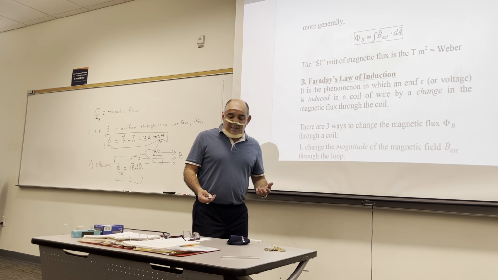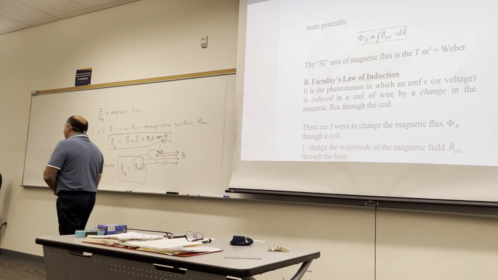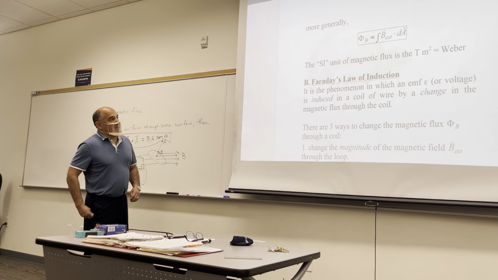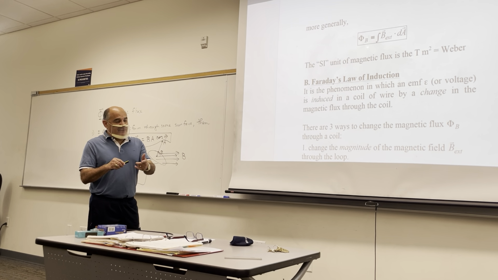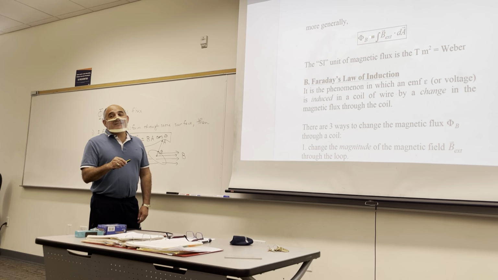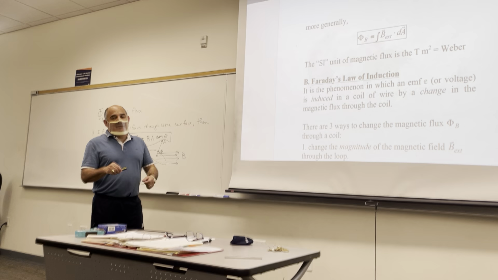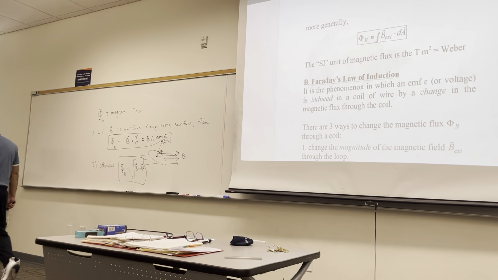So Faraday discovered in 1831, what Faraday said was that if this quantity, magnetic flux, through a surface, a loop, changes for whatever reason, then there will be a voltage induced in the loop. And that voltage is going to then give rise to a current in the loop.